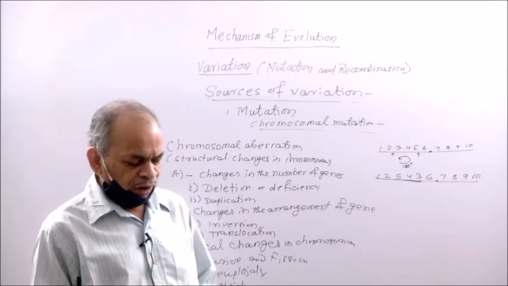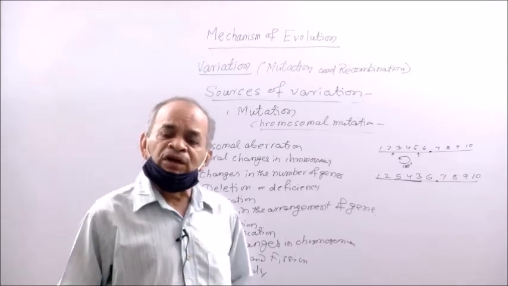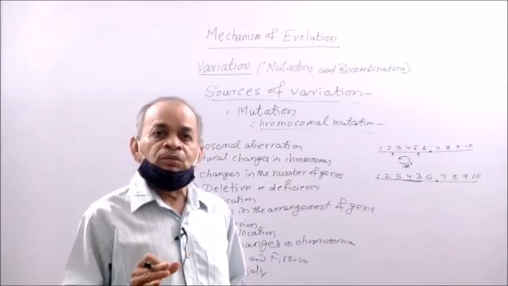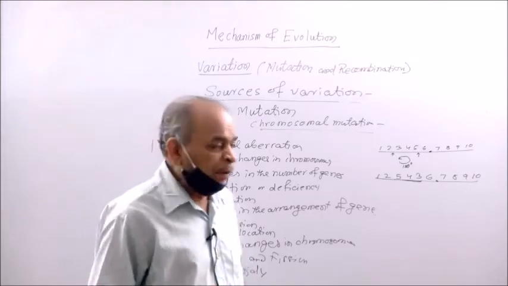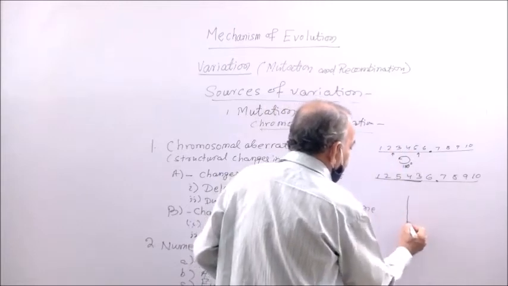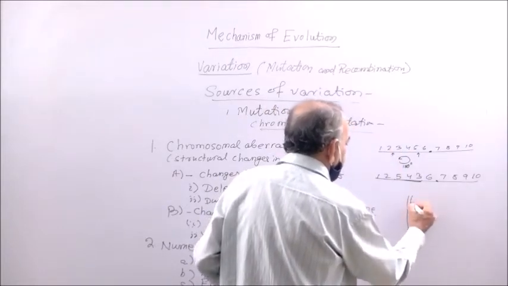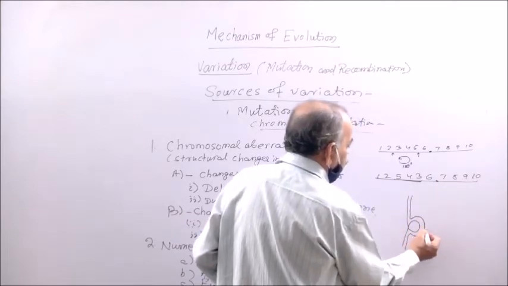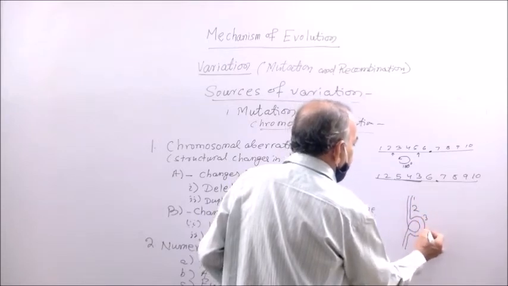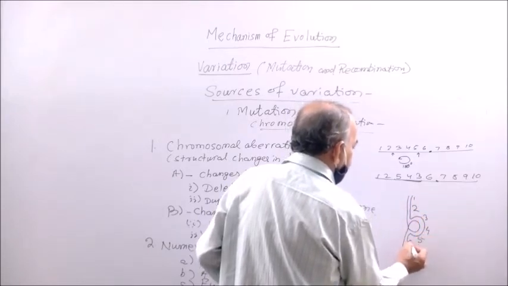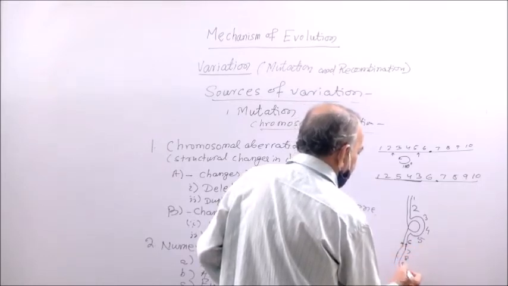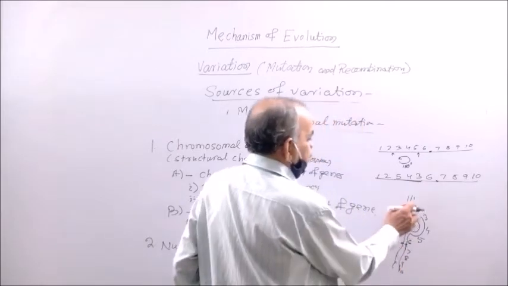In an inversion heterozygote, a loop is formed during synapsis. Synapsis, as you know, is in prophase 1, when the homologous chromosomes pair with each other. How will they pair? This one and this one will pair, and this is the loop.